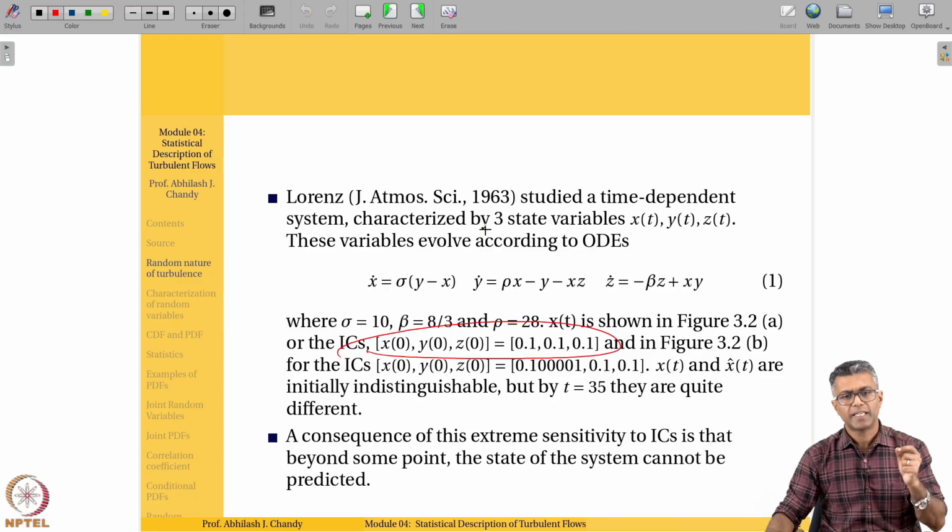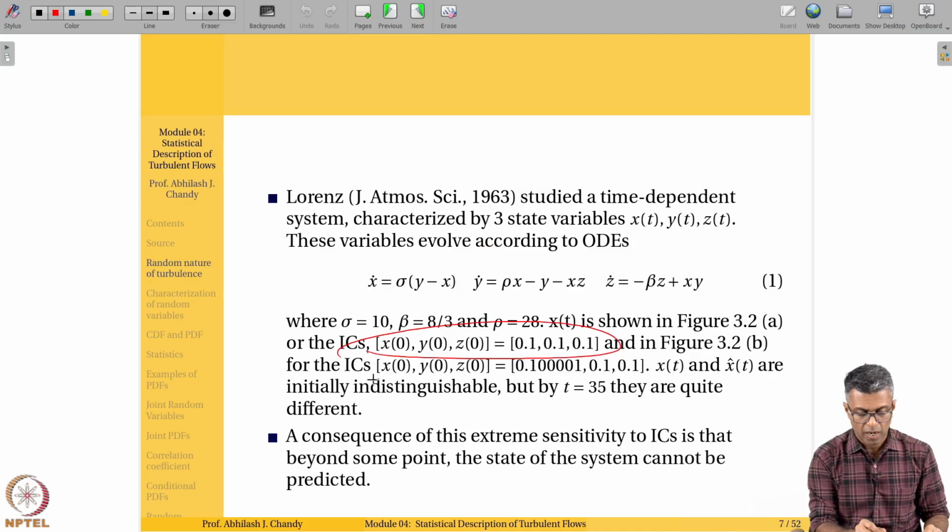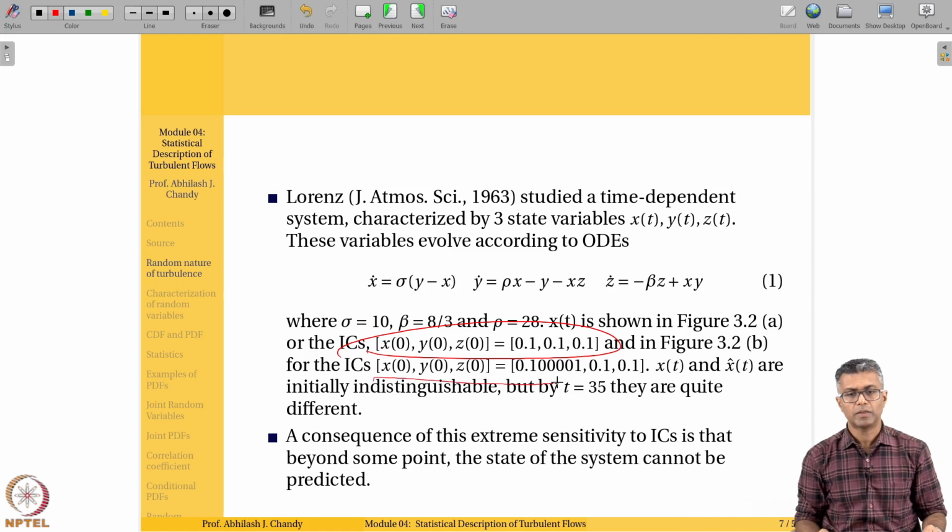Now, if I take that same system and try to perturb the initial conditions, my new initial conditions are 0.100001, and then y and z I keep the same, so 0.1 and 0.1.